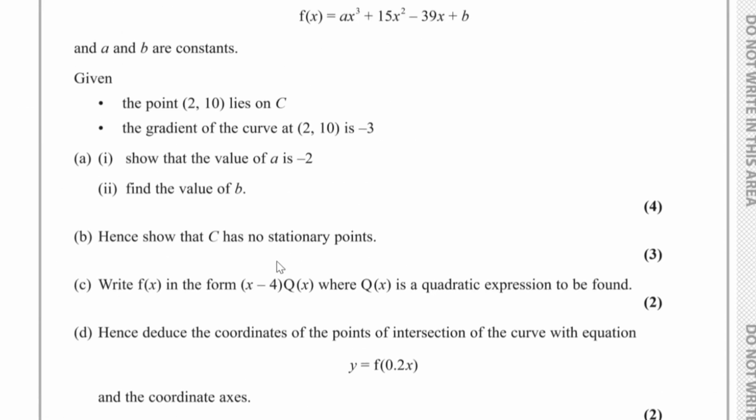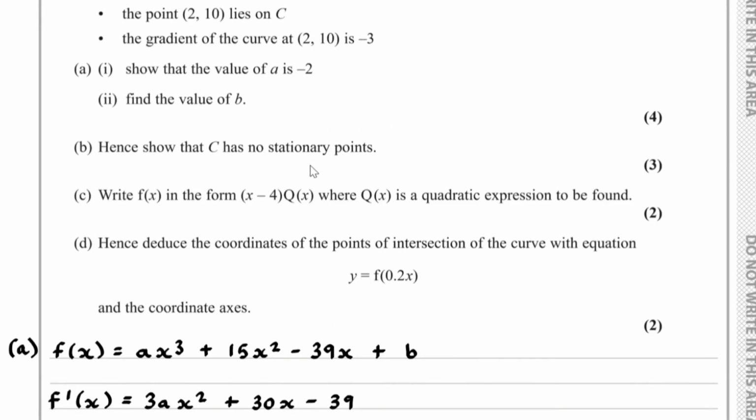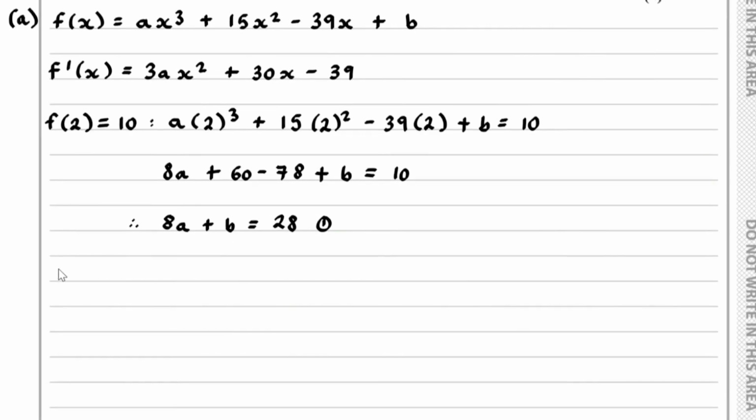And we've also been given information about the gradient. The gradient is equal to minus 3 at the point x equals 2. So f dash of 2 is equal to minus 3. So we've got 3a lots of 2 squared plus 30 lots of 2 minus 39.